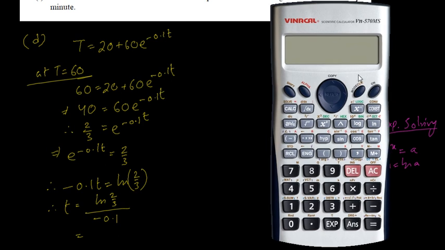It will come in handy here. So it is ln of 2 by 3. It's a very good idea to always find out the value first, so ln of 2 by 3 is this, divided by bracket, be very careful when you do divisions here, minus 0.1. So this is going to be 4.055.